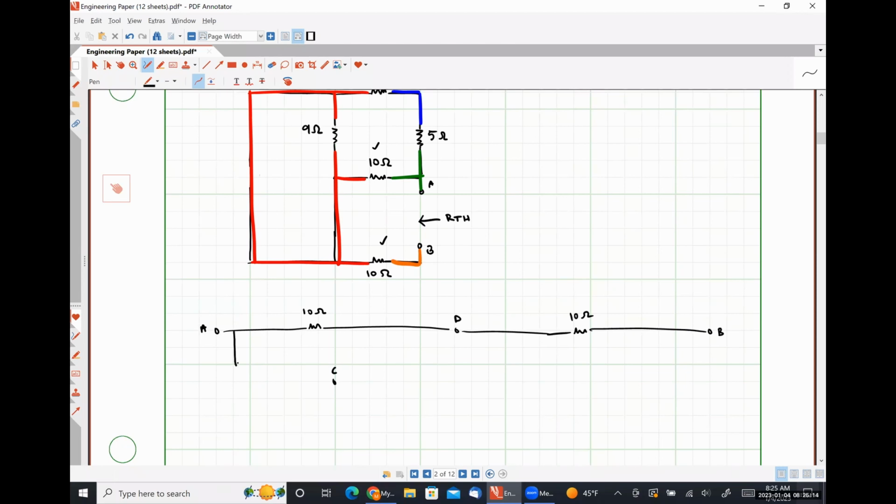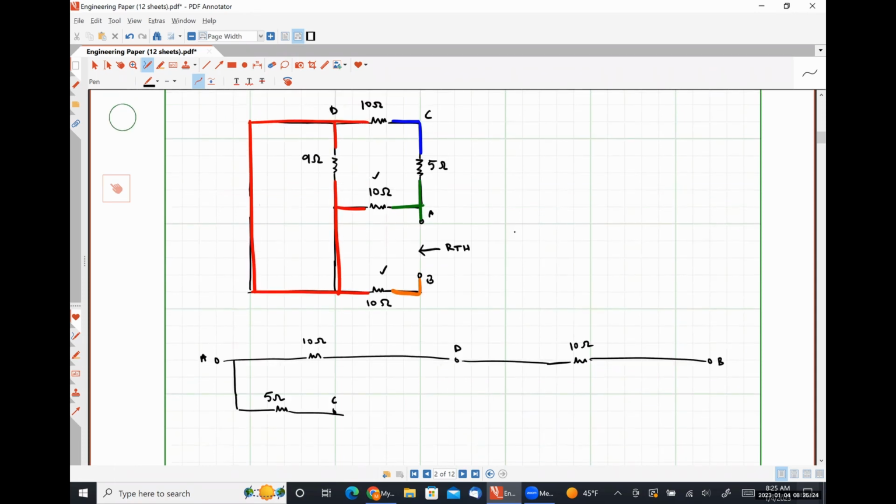To go from A to C is through the 5 ohm resistor. And to go from C to D is through the 10 ohm resistor on the top right. Again, the 9 ohm resistor should not contribute because it is shorted out. It's connected to the same node on both sides.